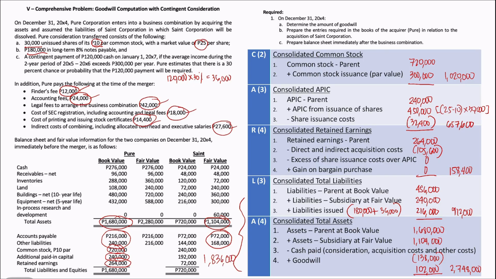This should be equal to the sum of consolidated common stock, APIC, and retained earnings. Let's check. 1,020,000 plus 657,600 plus 158,400, that's also 1,836,000.